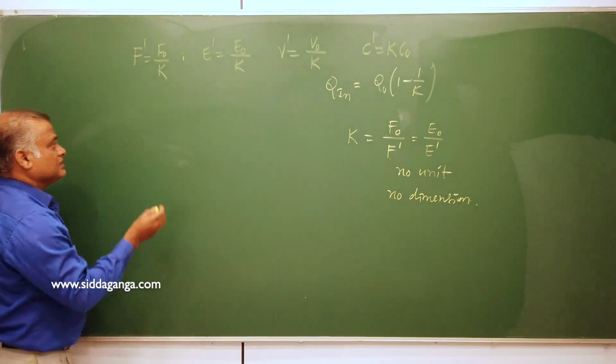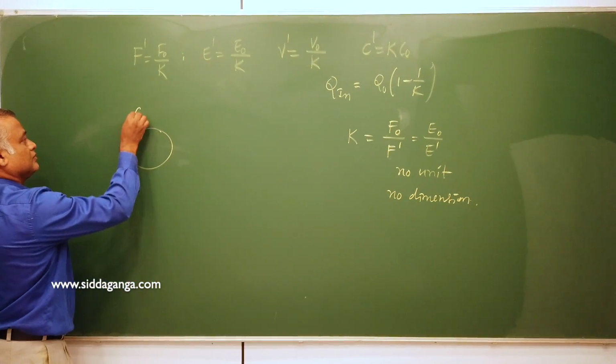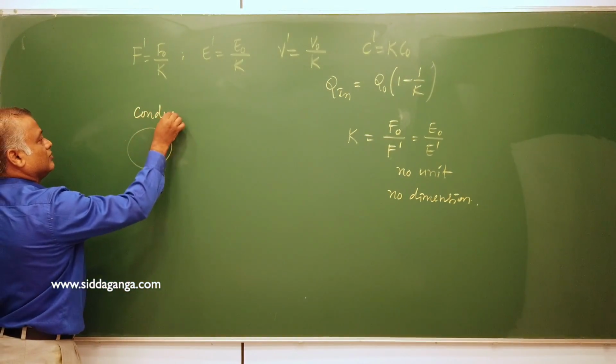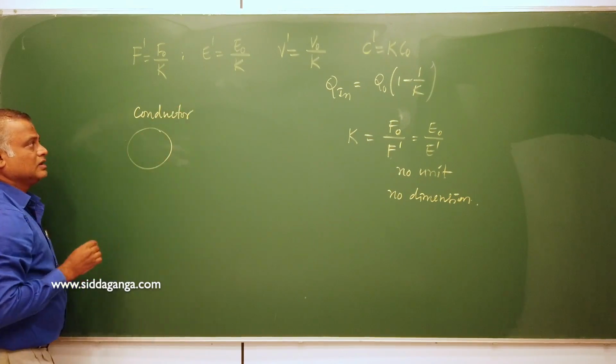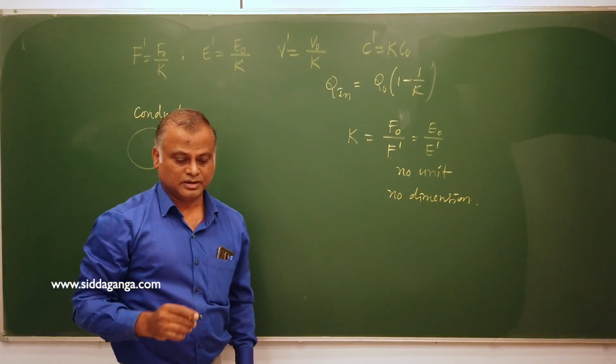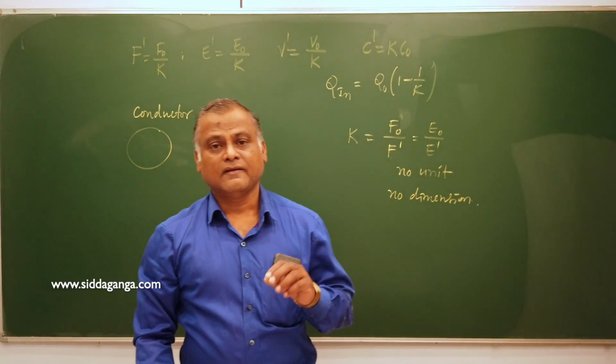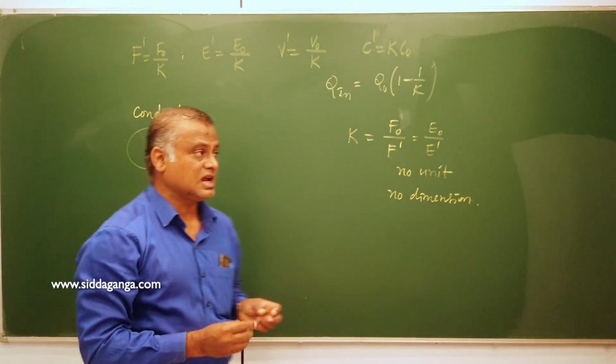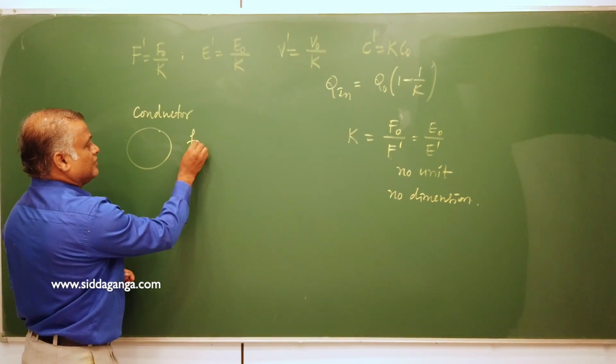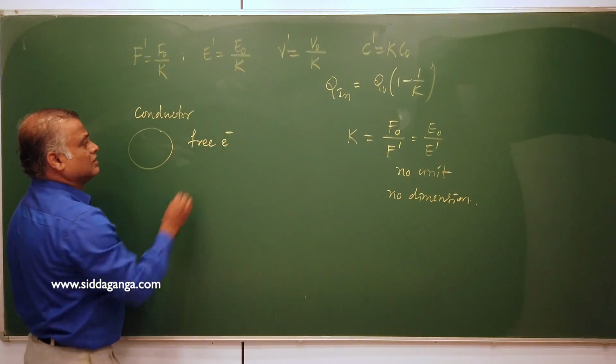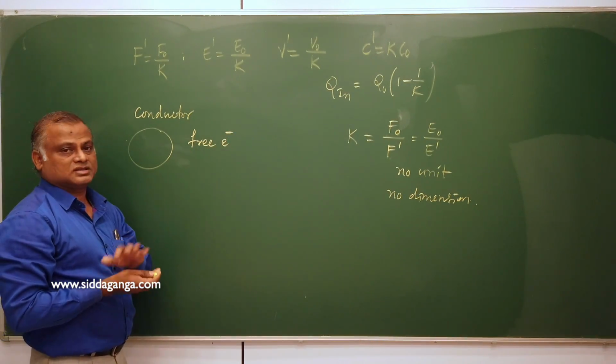Now, there is a conductor. A conductor is one in which free electrons are abundantly available. It contains free electrons.